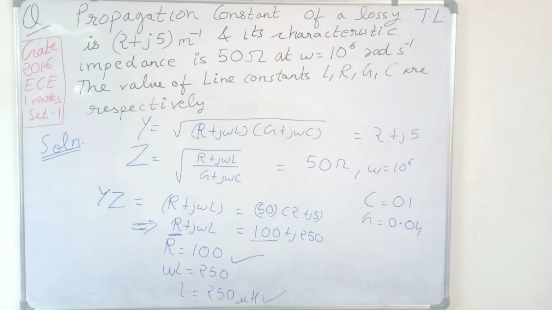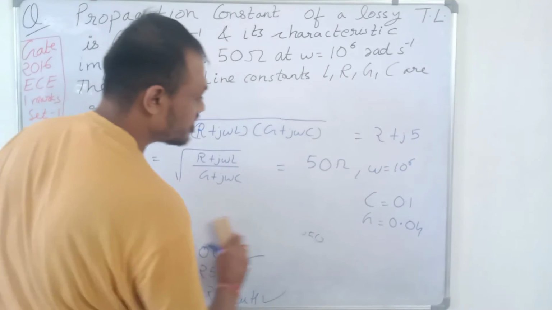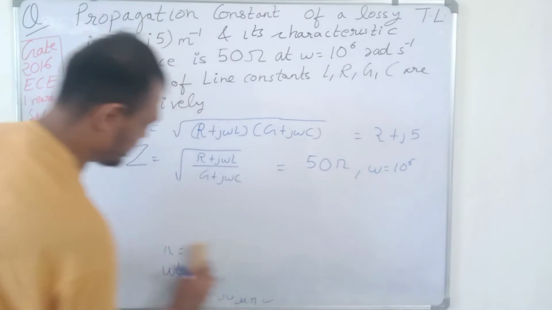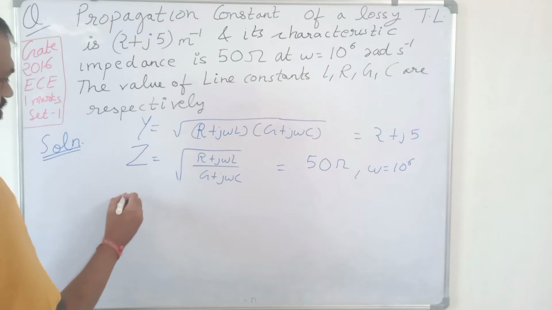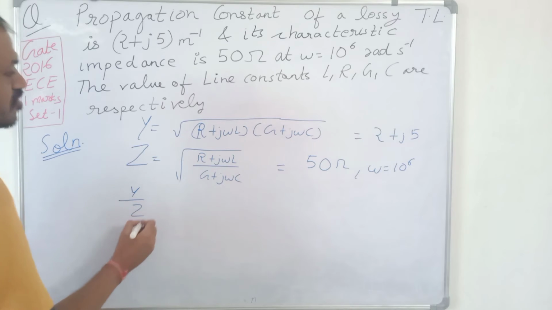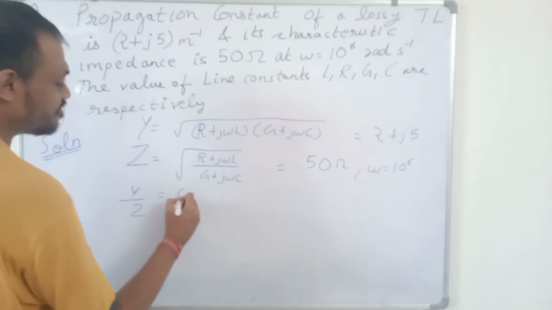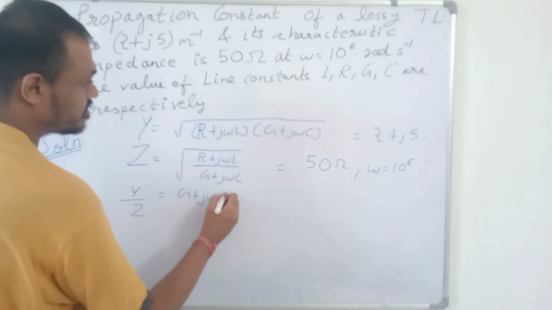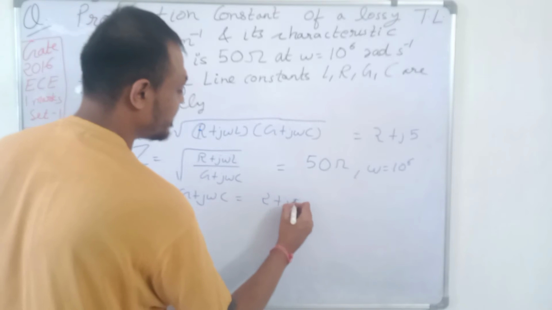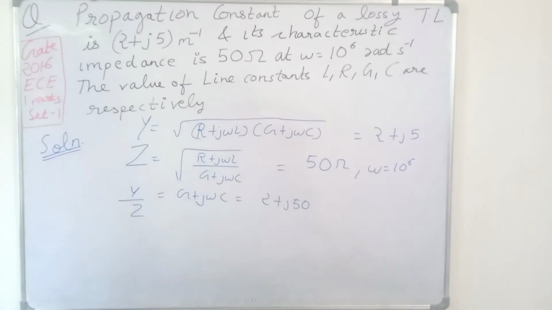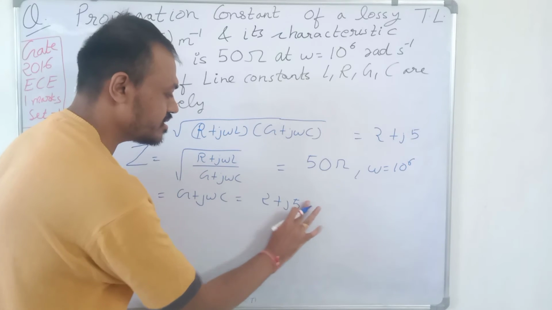This was an MCQ question, but if we want to solve it fully, then we can also do that. If we do Y upon Z, then we will get G plus j omega C equal to (2 plus j5) upon 50.